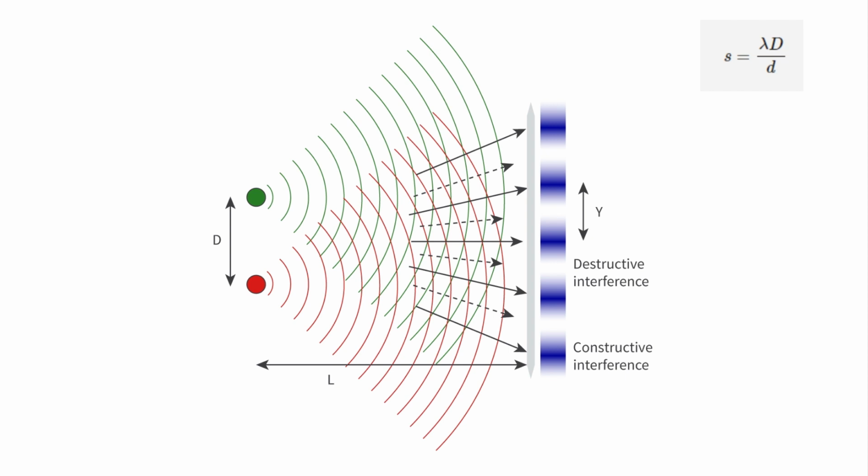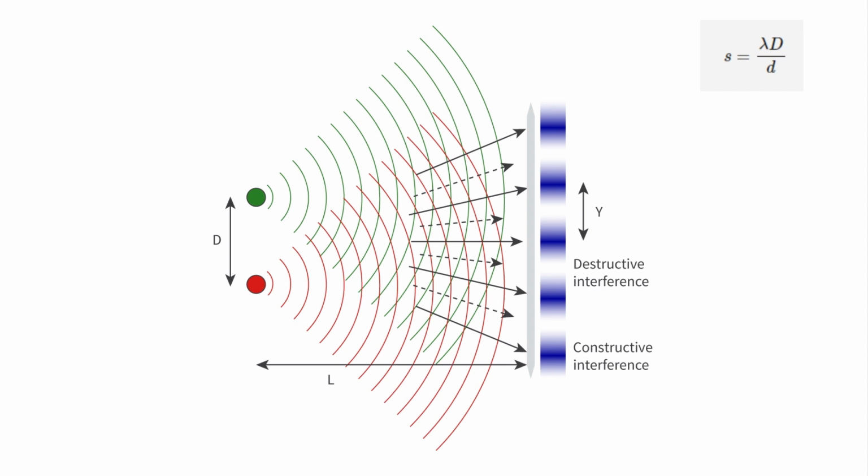Then you have the distance to the screen. As the distance to the screen increases, you have fewer fringes. As the distance to the screen decreases, you have more fringes. Then you have the distance between the slits. As there's more distance between the slits, you get more fringes. As you have less distance between the slits, you get fewer fringes.